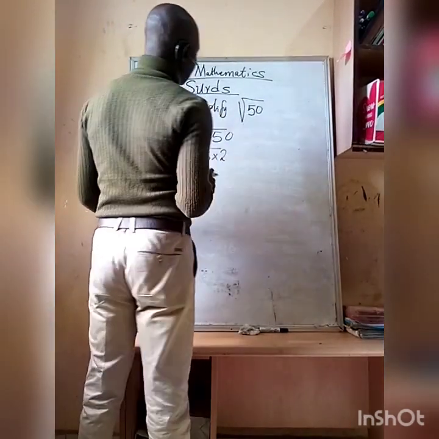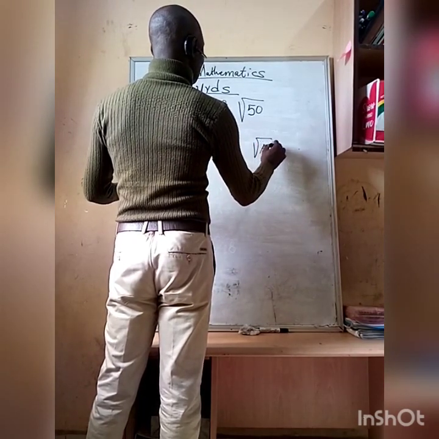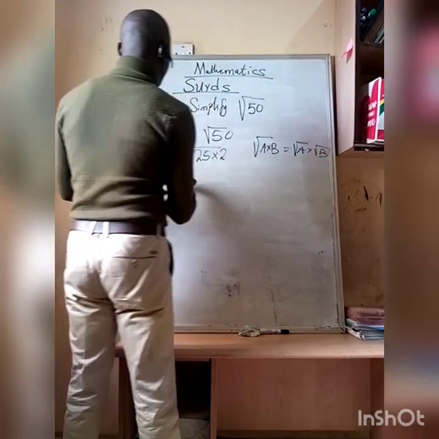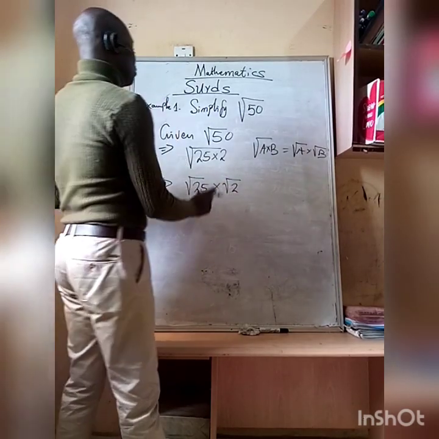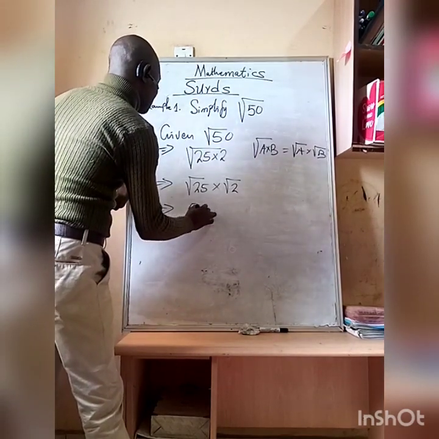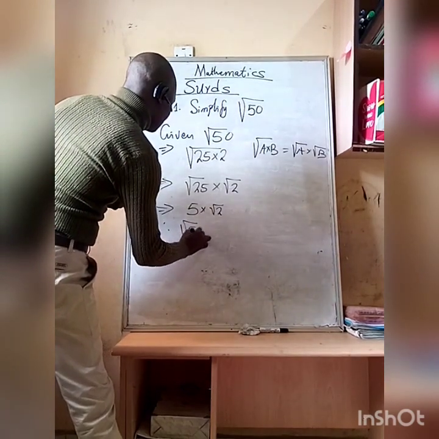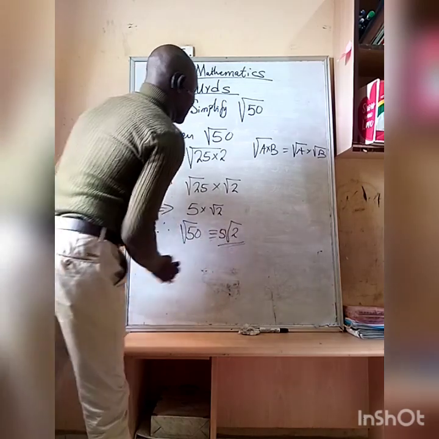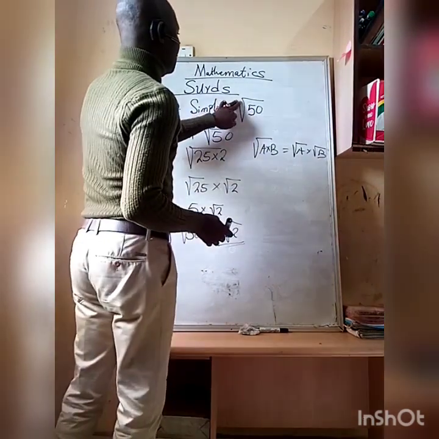Now recalling from one of the multiplication laws that root a times b is equal to root a times root b, it implies root 25 times root 2. Root 25 being a perfect square, we now have it to be 5 times root 2. Therefore, root 50 is equivalent to 5 root 2. And this is what it means when one is told to simplify such an expression as this.